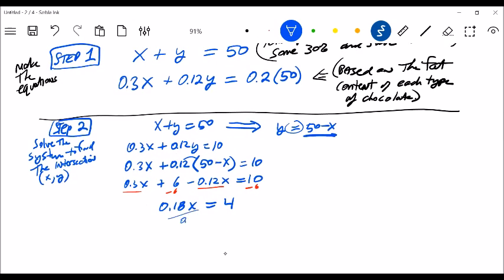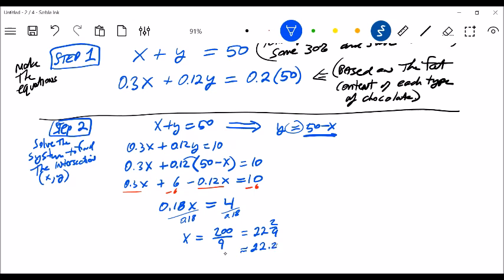So let's divide by the 0.18, and x is equal to 200 over 9, which we would say is 22 and 2/9, or we could approximate it as 22.2.